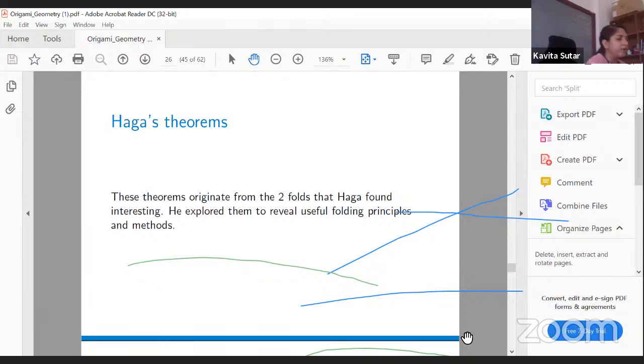So this is what I want to do. I want to mark the halfway point on this edge. So this is half. Now I want to make a fold which passes through this point. Let me mark it with a pencil. I want to make a fold passing through this point and which will take this vertex to the opposite edge.